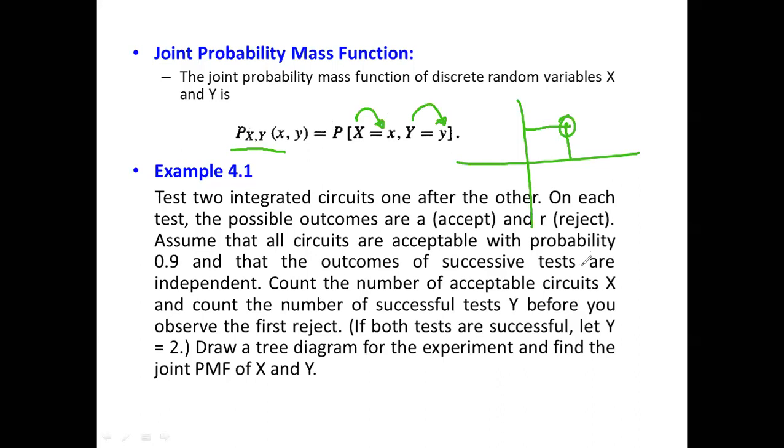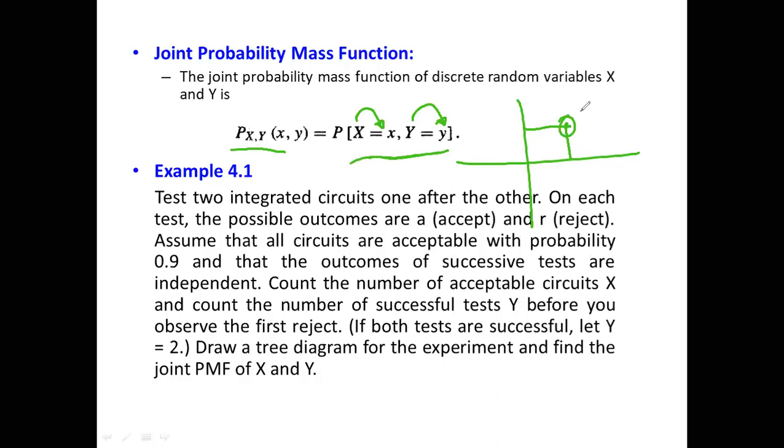In the normal probability mass function, what actually we have talked about is that for different values of a particular random variable, say x equal to x1, x equal to x2, x equal to x3, we want to see all the probabilities of the single random variable. But here we are seeing a joint PMF where a combination of x and y will be there.